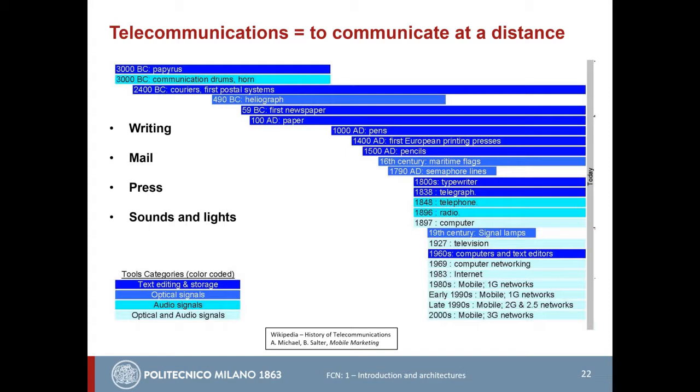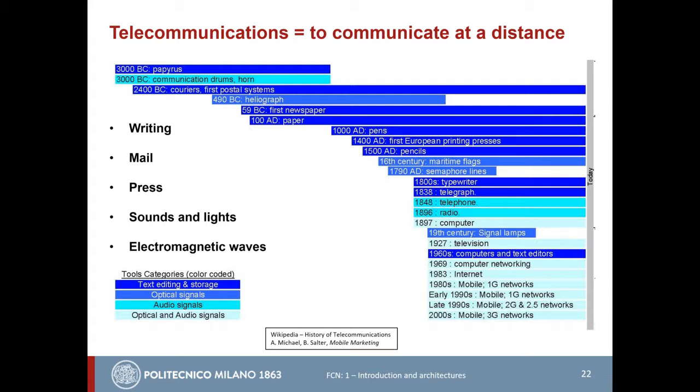And there are many other examples of telecommunication, for example, signaling from distant points using sounds or lights. And finally, sending messages with electromagnetic waves. This is the evolution that occurred really in the last 2 centuries.